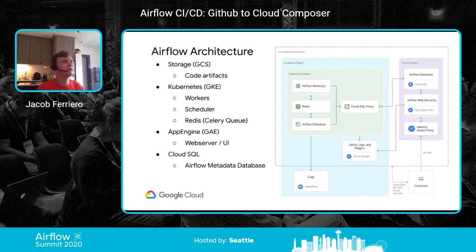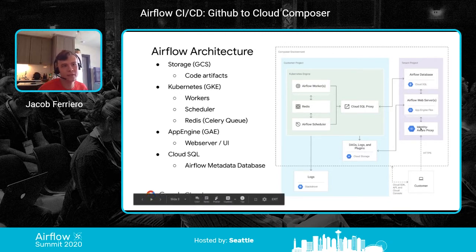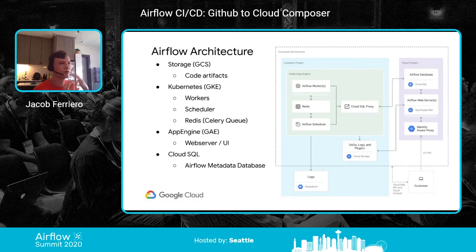So someone interacts with Cloud Composer either through the web UI, going through this identity-aware proxy, which Raphael has given a talk on securing Airflow with Composer, and through this DAGs bucket.